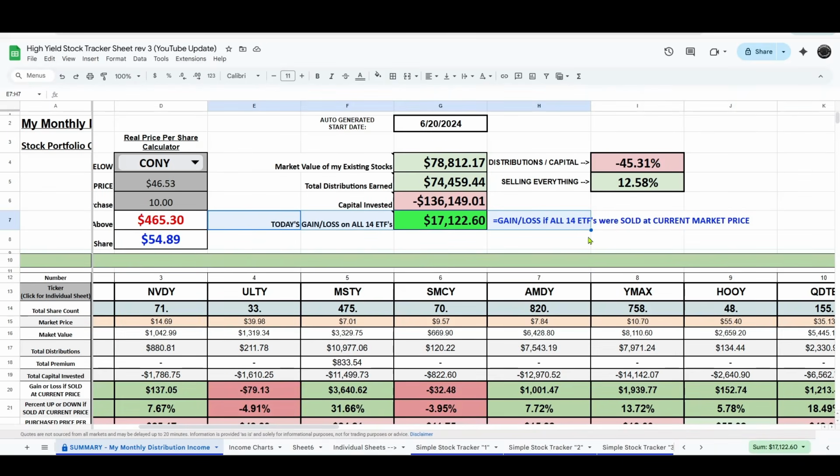But good thing here is we don't have to sell anything, and we're still earning some very nice distributions. And that's why I do like these high yield ETFs, but you do have to be very careful of how you play these. Because if you do not play them correctly, you can ruin your account, or you can definitely be taking some big losses.